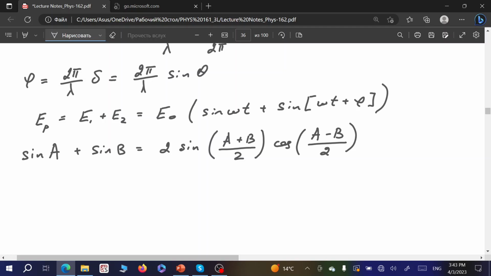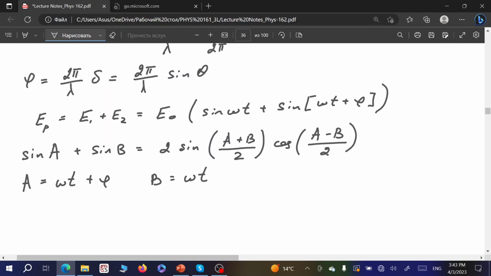So that is the general form, and here we will consider that A is equal to omega t plus phi, and B will be equal to omega t.